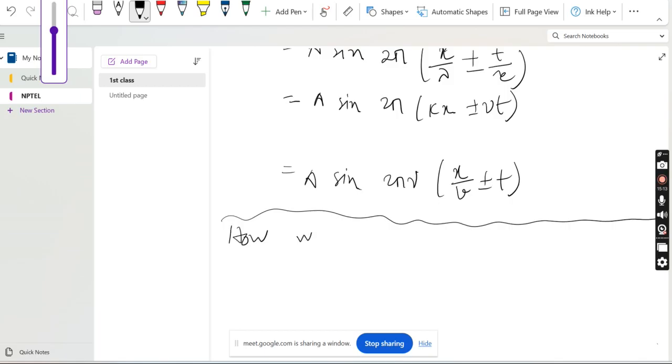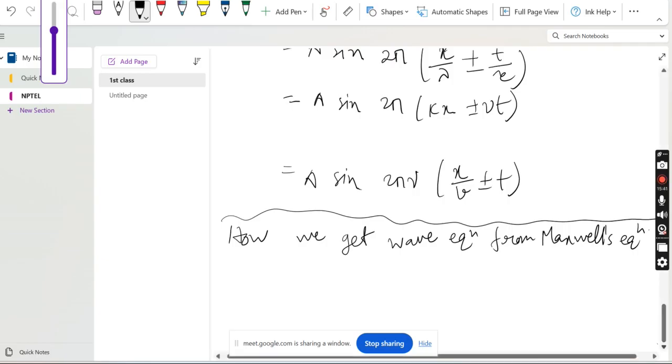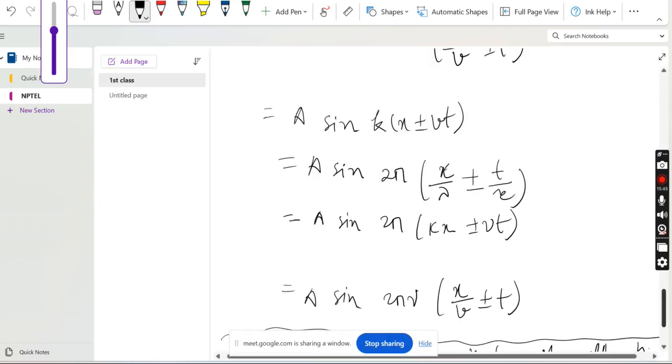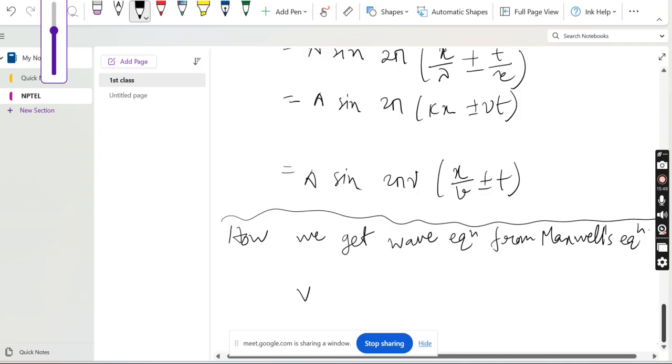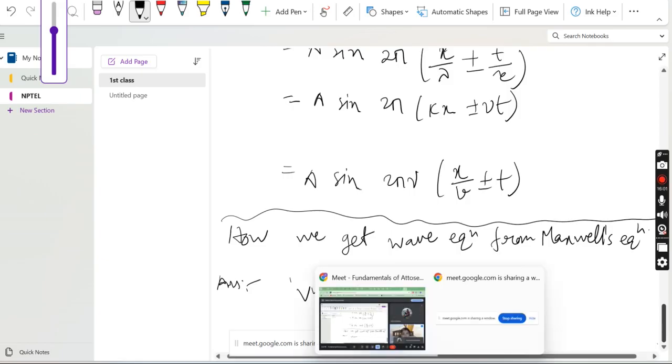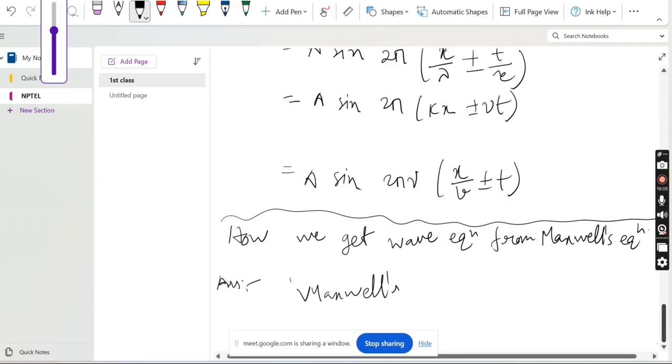That is how we can derive the wave equation from Maxwell's equations.